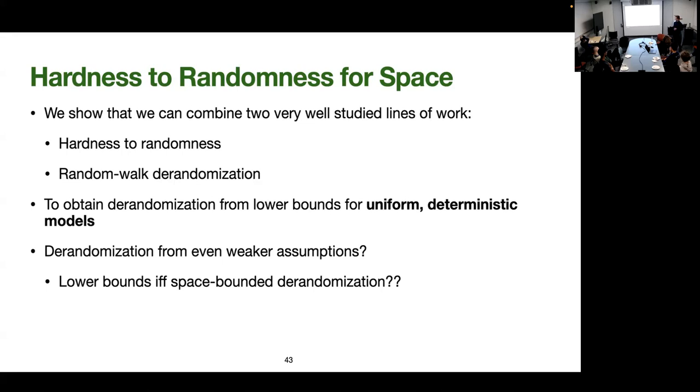These sort of connections in both directions between time-bounded de-randomization and lower bounds are known. In the space world, it's open to get interesting lower bounds out of proving RL equals L. And finally, perhaps most optimistically, could we actually prove these assumptions and conclude unconditional de-randomization of space-bounded computation?